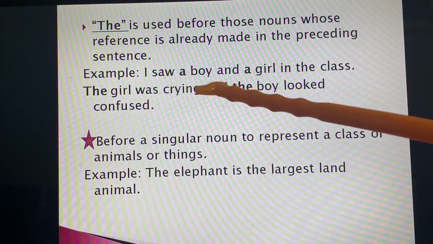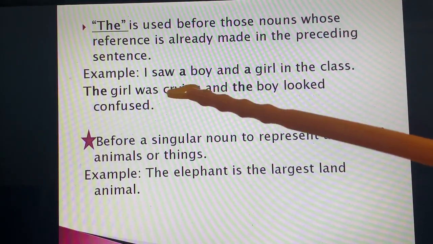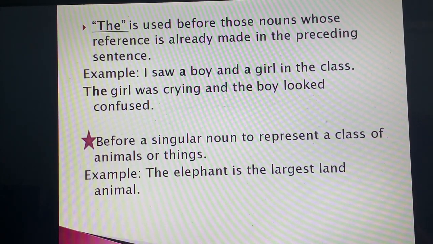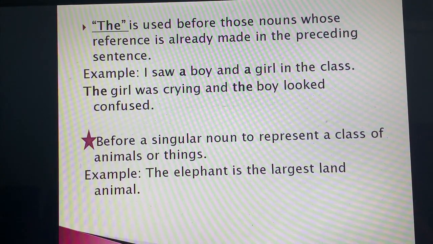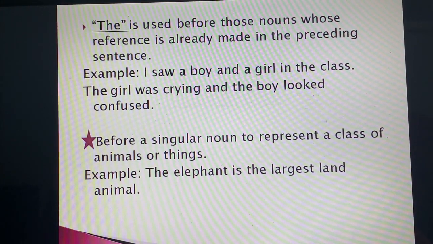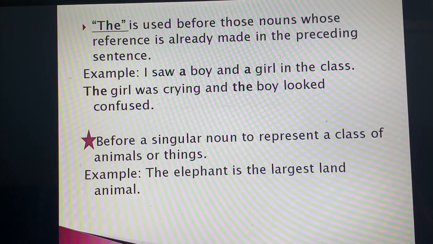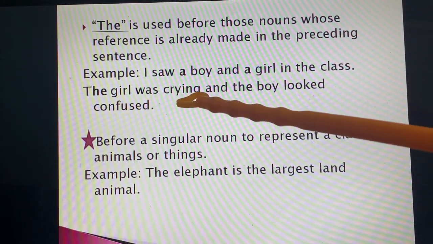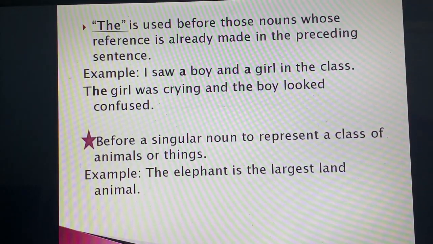Like, I saw a boy. First time I have used a, and a girl in the class. Fine. Because I'm not aware about them. A boy, a girl. Now I'm talking about the same boy and the same girl a second time, so I will be using the article the. The girl was crying and the boy looked confused.